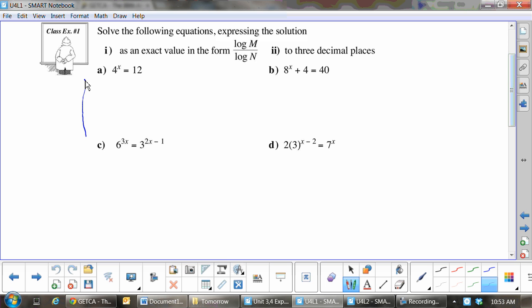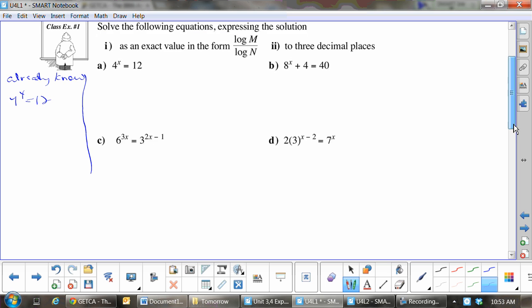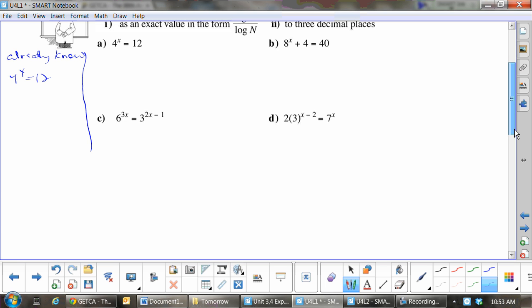The way that we already know is, I would take 4 to the x equals 12, and the easiest thing to do would be, how do I find x?